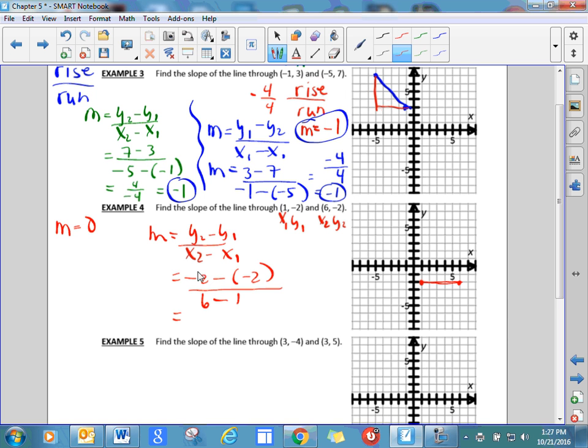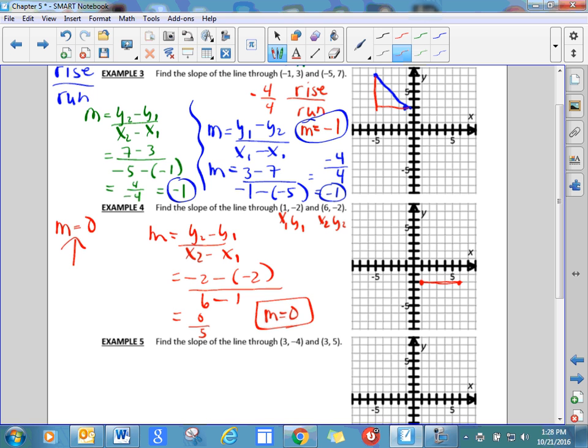So that becomes minus 2 plus 2, which is 0, over 5. Anything with 0 in the numerator becomes 0. So we have just proved with the formula that our slope is 0, and we saw it visually before we ever even began.